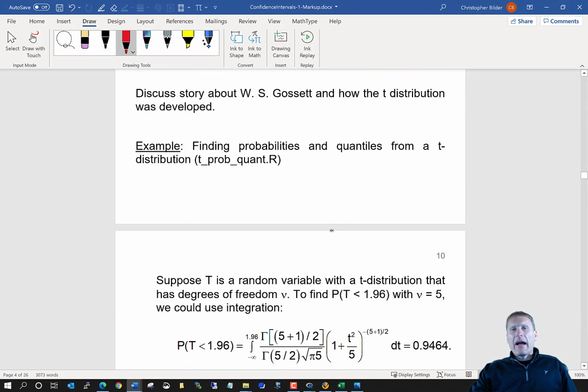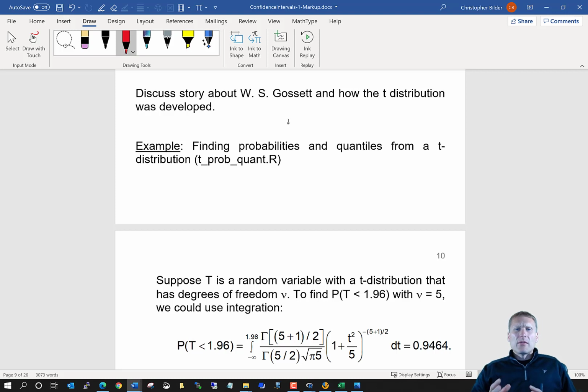So let's talk about how this t-distribution came about before we get into finding probabilities associated with it. The guy who developed it is a guy by the name of W.S. Gossett. He worked for Guinness Breweries in Dublin, Ireland in the late 1800s and early 1900s.